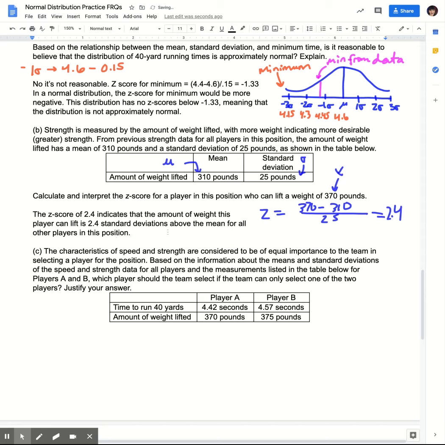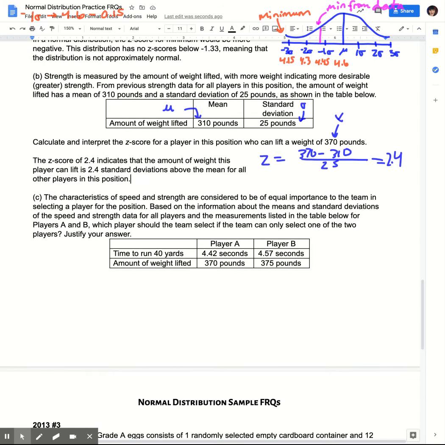Okay, so that's your interpretation, right? Which is just the definition of a z-score, right? 2.4 standard deviations above the mean. And I've included my context, which is really what you need, okay?